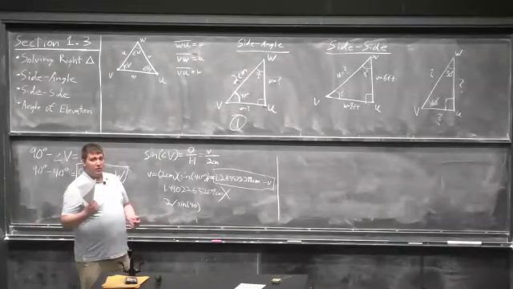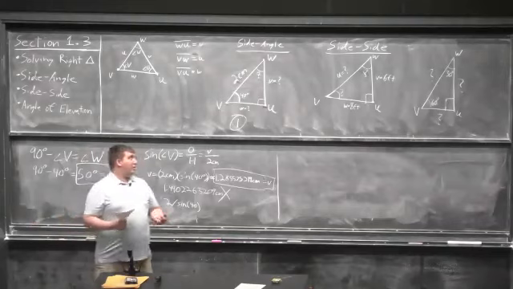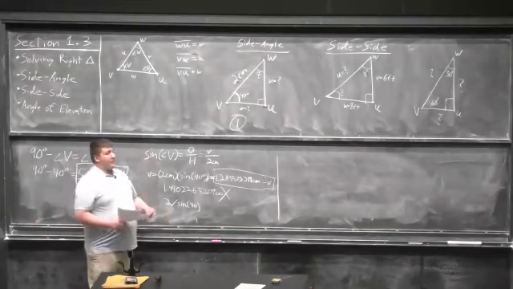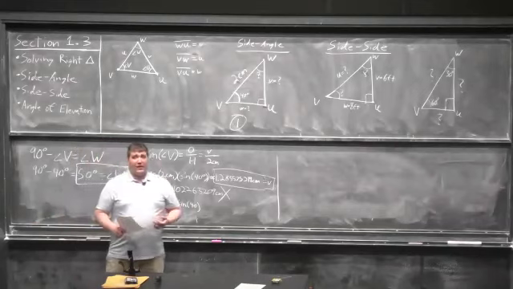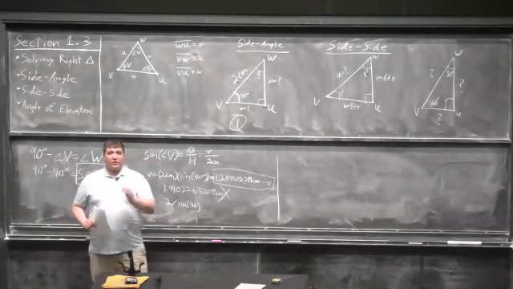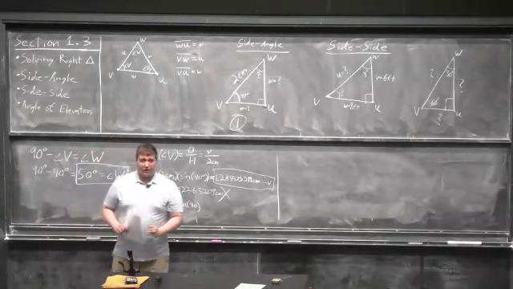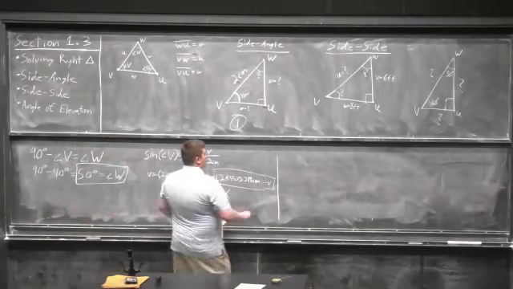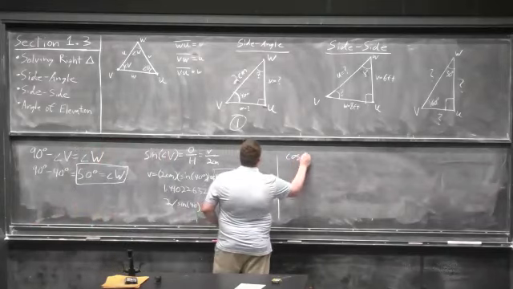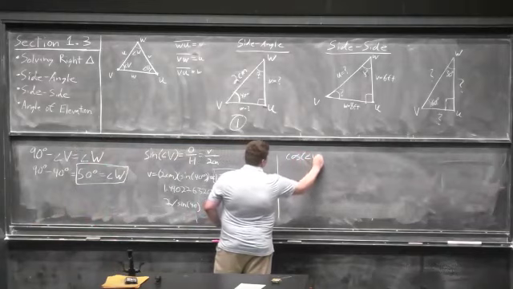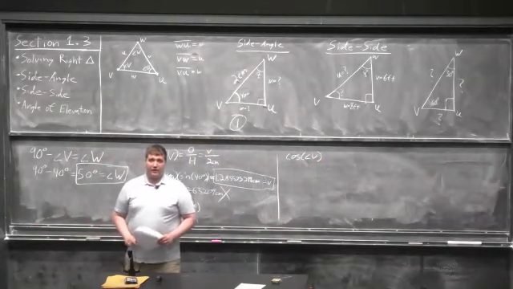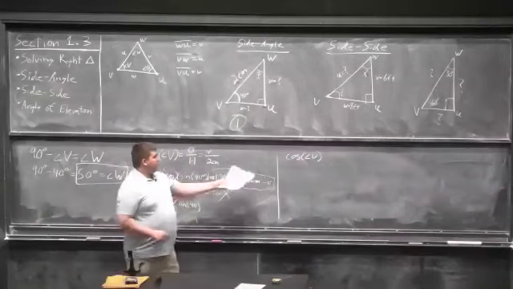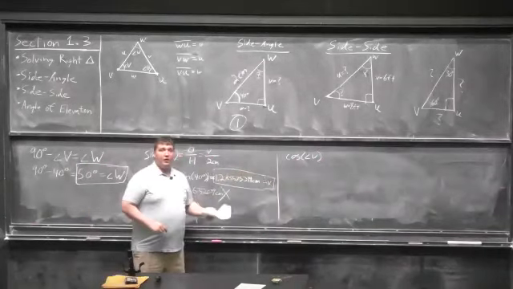We could do it through sine of angle 50 degrees or angle W. We could do cosine of angle V. And I would argue the most correct answer would be cosine of angle V. That is what we plug into our calculator. We use this reference and build it from here.